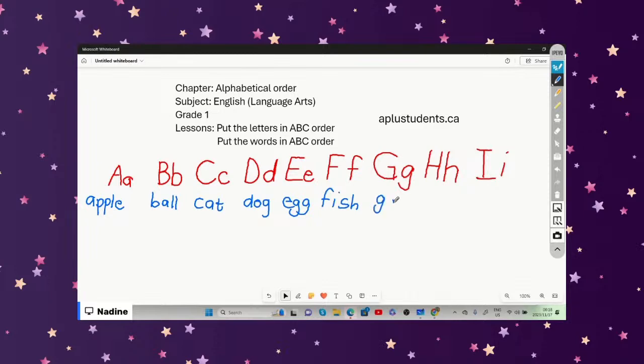Let's start with gas. And then we have H for hat, something that you wear on your head. And then we have I for glue.